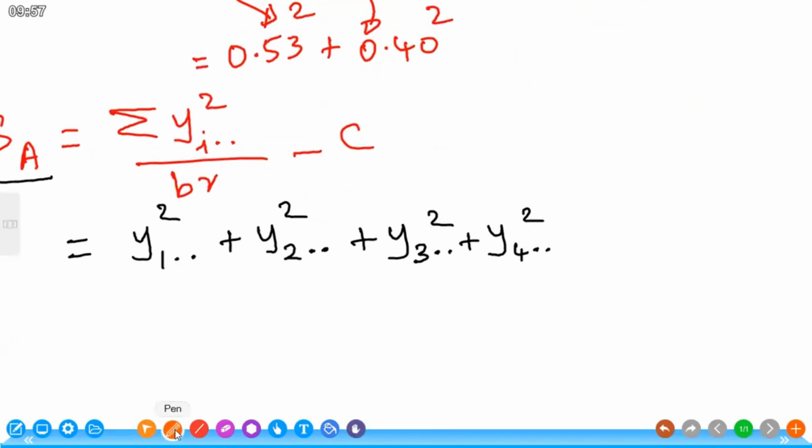What does it refer to? First look at the subscripts, then only we understand. Here the subscript says y1 dot before squaring. What is this?